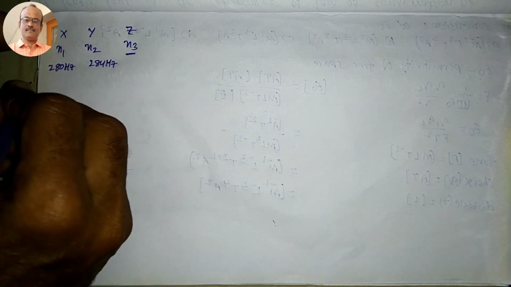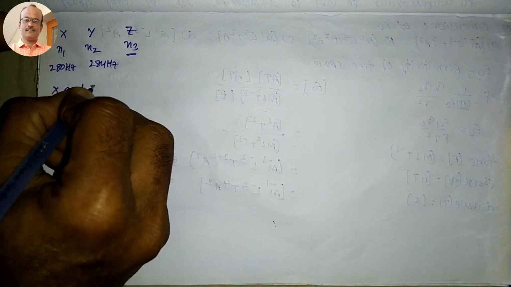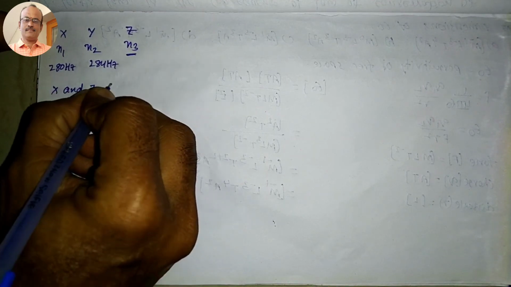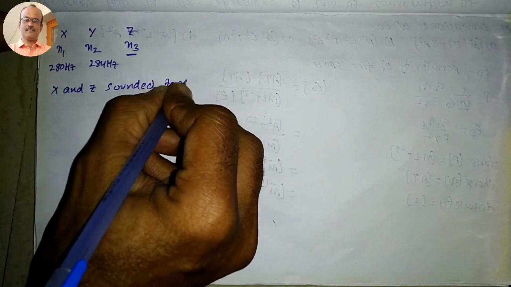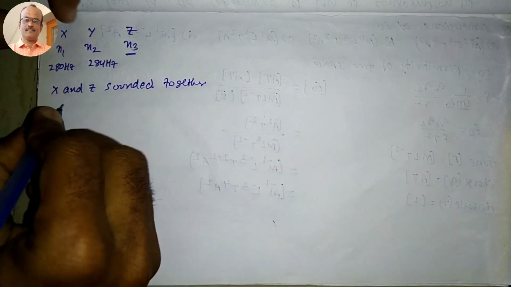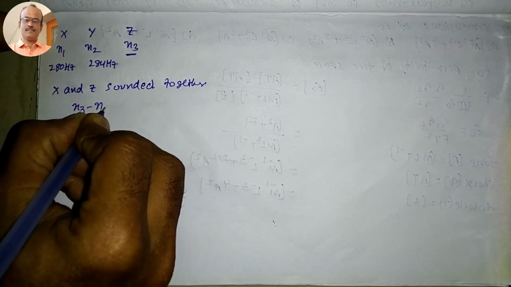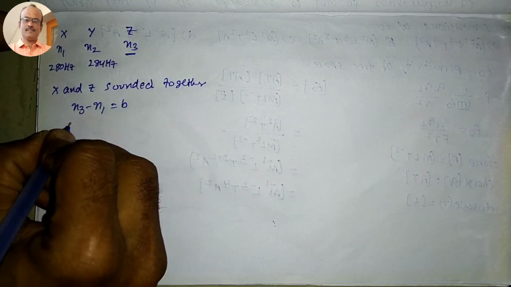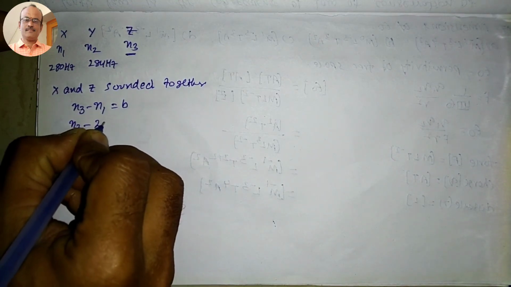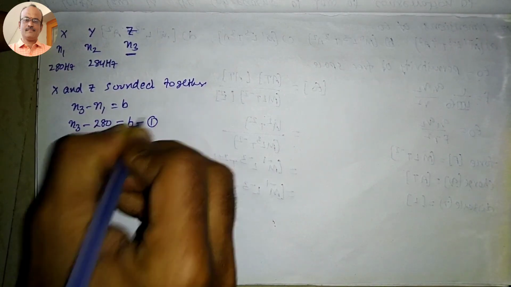So when X and Z tuning forks are sounded together, then N3 minus N1 is equal to B, the certain frequency. So N3 minus 280 is equal to B. This is equation number 1.